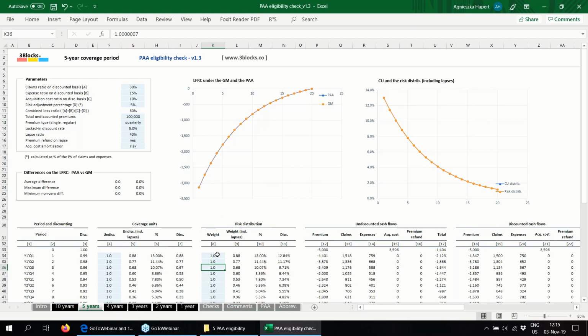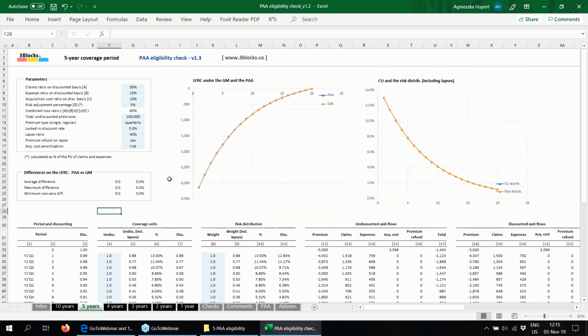And here you can also see that there is no difference. It's not that the difference is small, there's just no difference. So this is a key factor for the difference. The coverage you need, the risk distribution, so this alignment of the way the reserve is released, is a key factor for the difference and for deciding whether your product can be eligible for PAA or not.